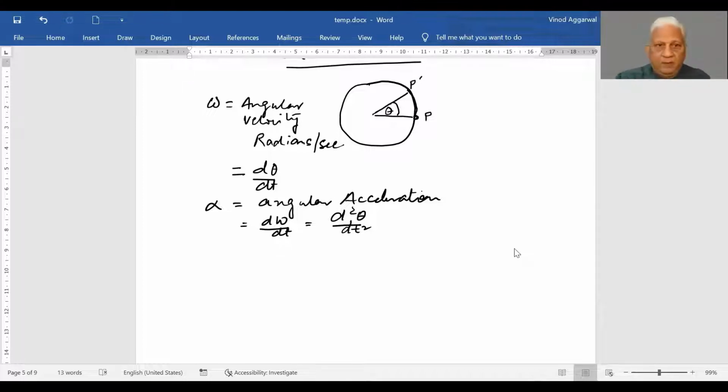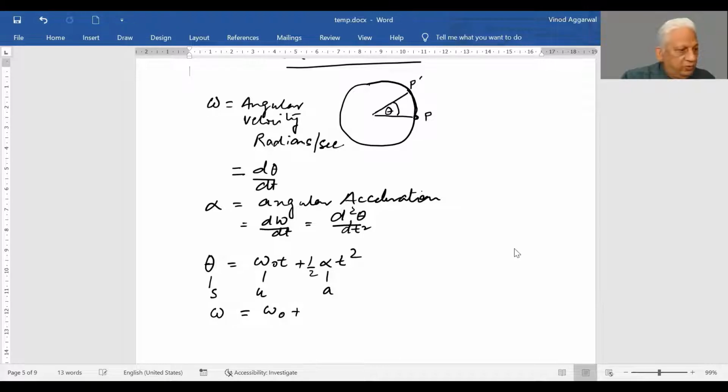For example, theta is defined as... you remember from the linear motion situation, this was S, this was U, this was A. Similarly, omega is equal to omega naught plus alpha t.